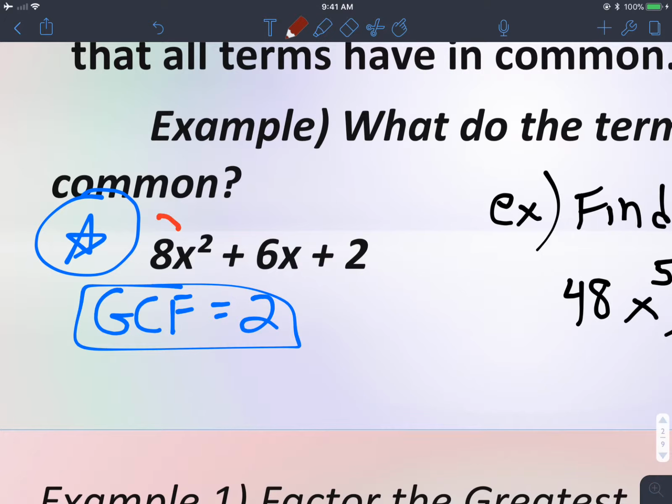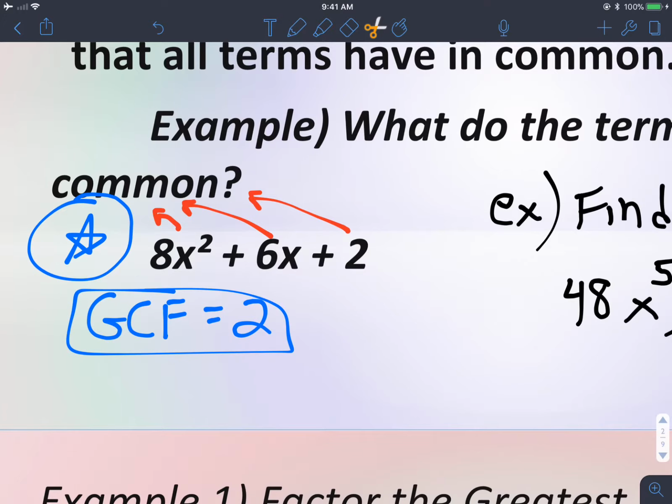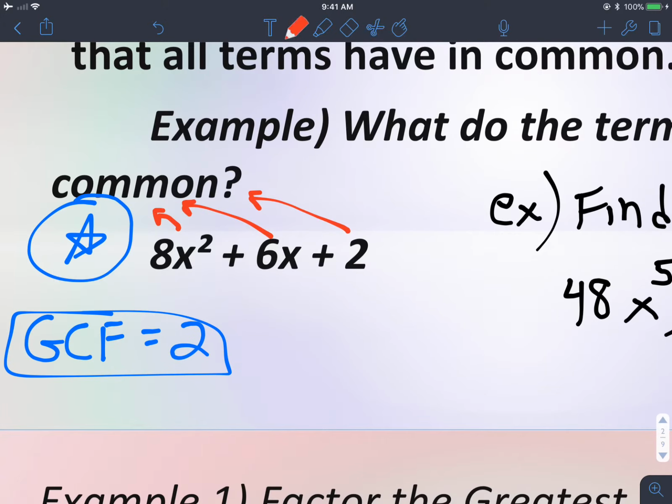If you were to factor it, we should talk about this because something happens with that 2 at the end. It's kind of like saying, what if I divided everything by 2? Maybe that helps you. Because like 8 divided by 2 would be 4.